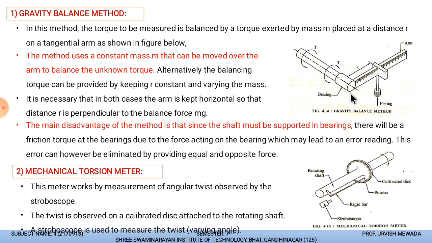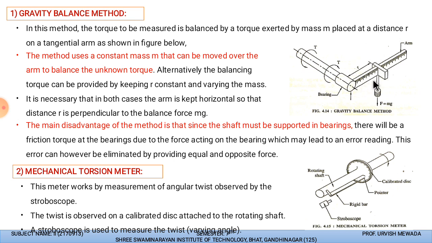We have hung this arm on the shaft, so as the shaft rotates, the bearings also rotate. Due to that rotation, the bearings provide friction between the shaft and the bearing inner parts.